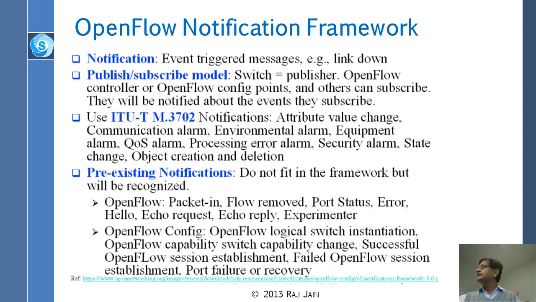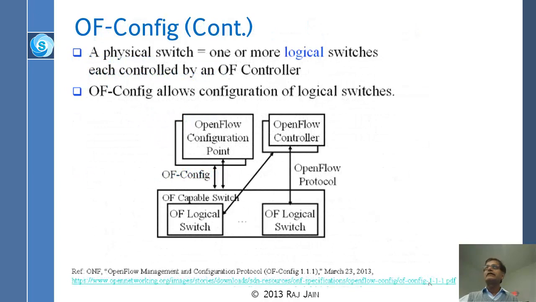Each logical switch, as shown here, this is one physical switch. Each logical switch has n flow tables, and one group table. This one has n, whatever number that is, flow tables. So each logical switch is complete in itself. You cannot distinguish it, just like a virtual machine, you cannot distinguish a virtual machine from a physical machine.